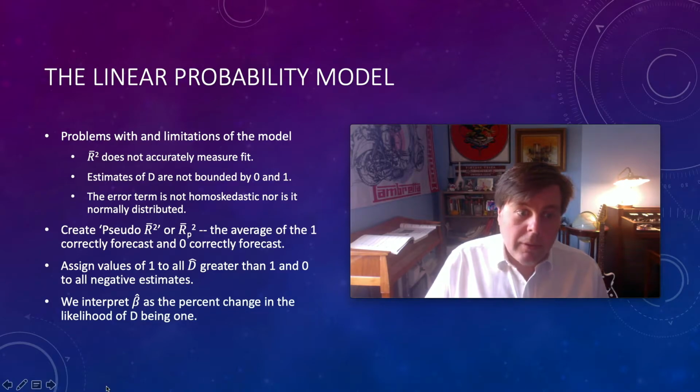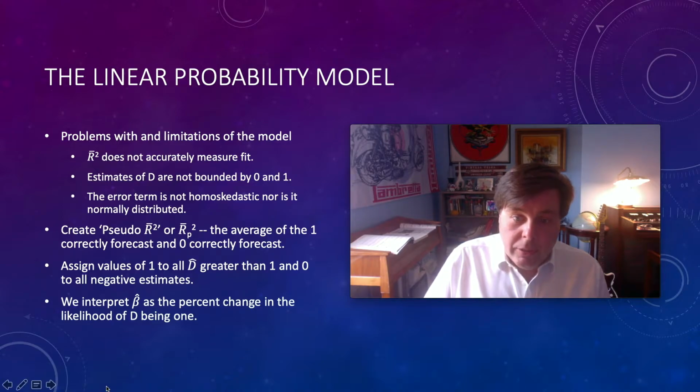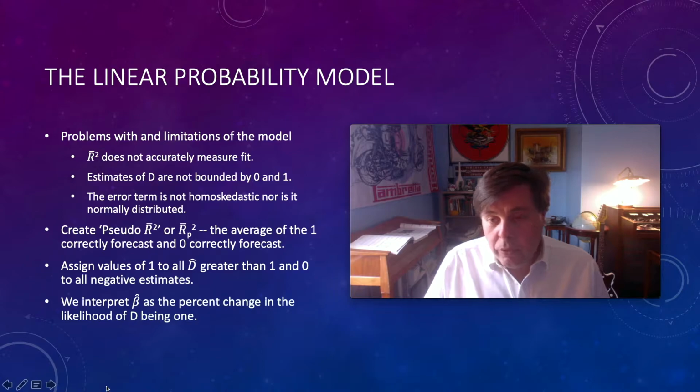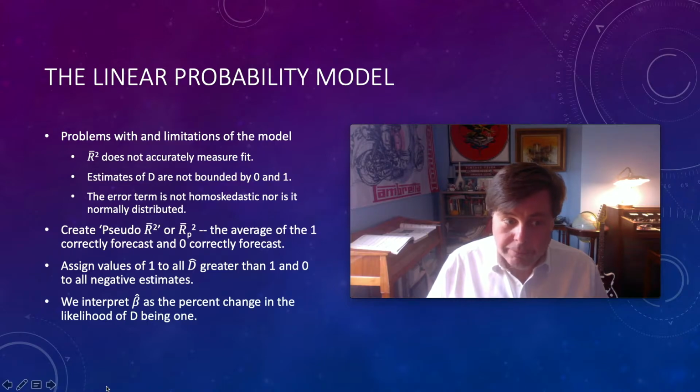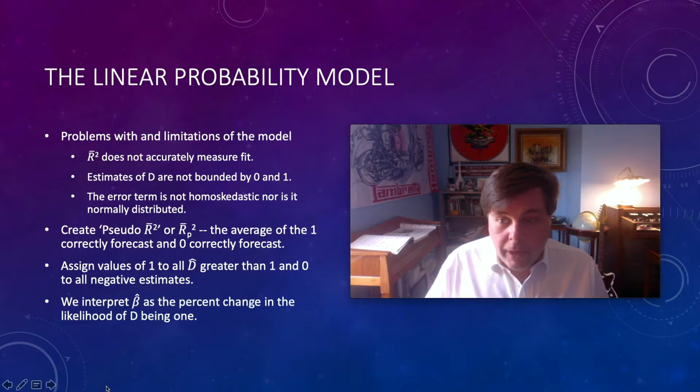We can, in these cases, assign values of 1 for all estimated values of D that are greater than 1, and 0 for all negative values. And so this is a way of correcting for the fact that our estimated dependent variable, D, is not going to be bounded by 0 and 1. We can simply force boundaries onto it.